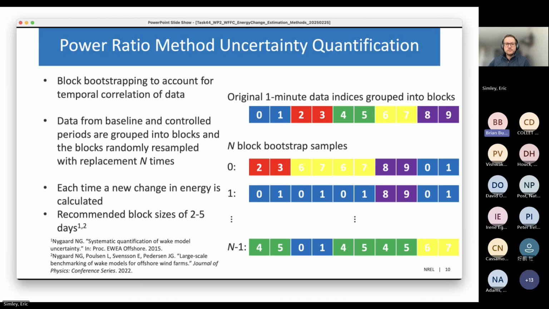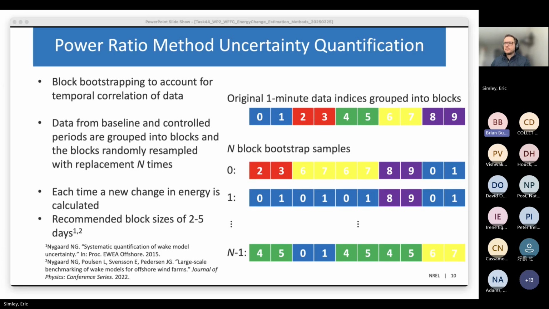And so by keeping your block sizes to like 24 hours, the length of a toggle on and a toggle off together, you get, I don't want to say a fairer comparison, but a comparison that has less variance. So you get smaller uncertainty bands as a result of using slightly larger bootstrapping sizes. At least that's what we've seen so far.